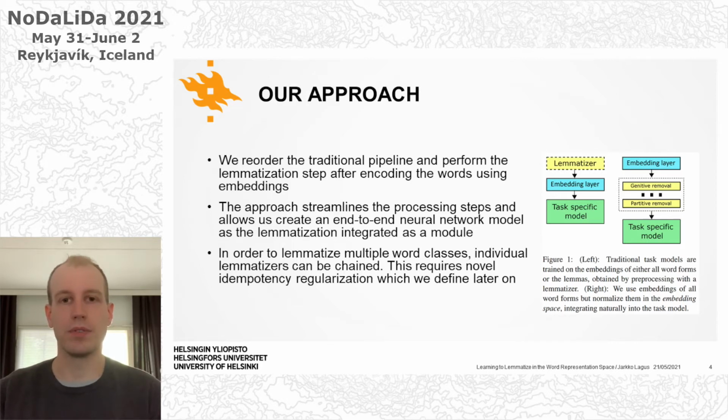And because we train individual lemmatizers, in order to lemmatize each word we need to use chaining, and for this we introduce a novel idempotency regularization method that guarantees that we don't change words that are already in the right format into a different format.